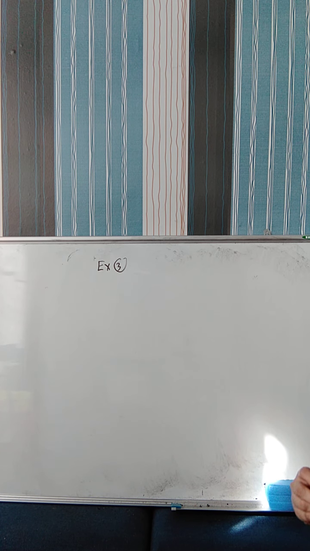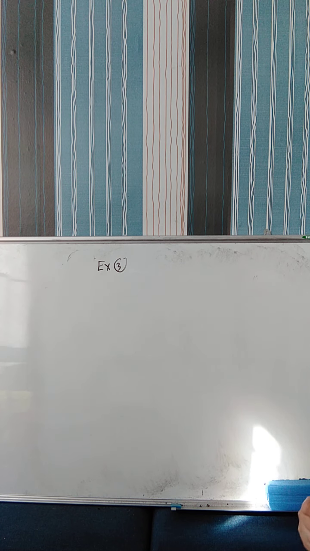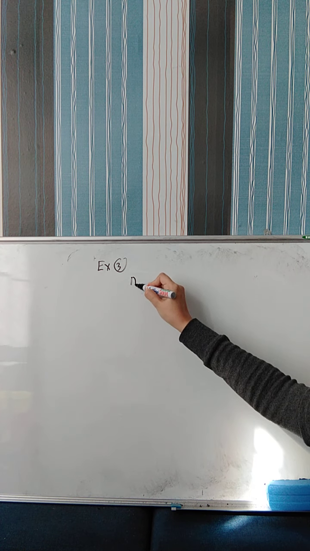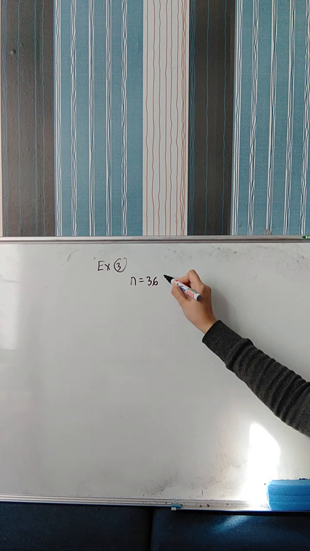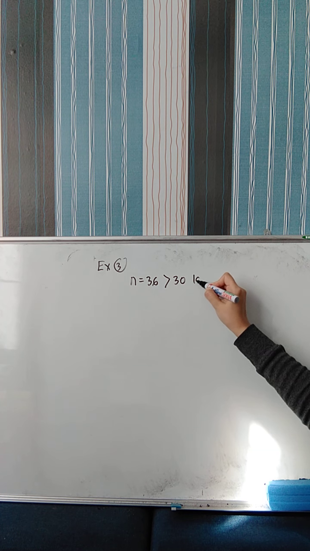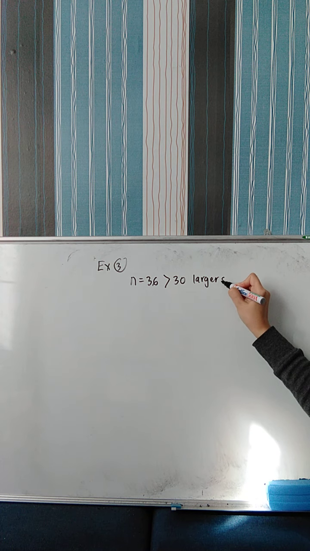Next we continue to example 3. Same, you need to find the conditions of this example, the situation. A random sample of 36, so the n is 36, which is more than 30, a larger sample.